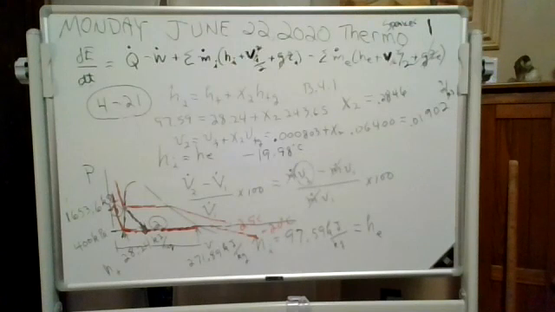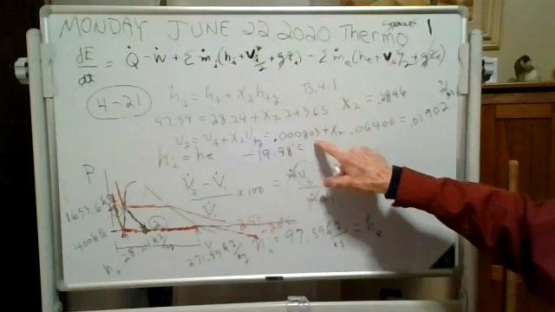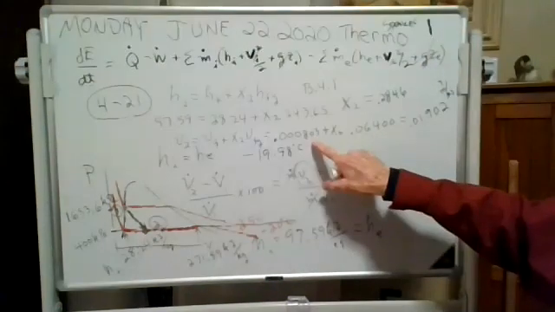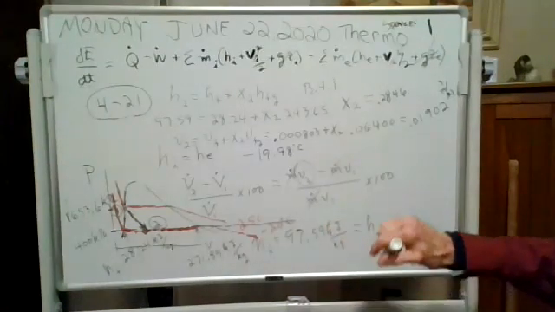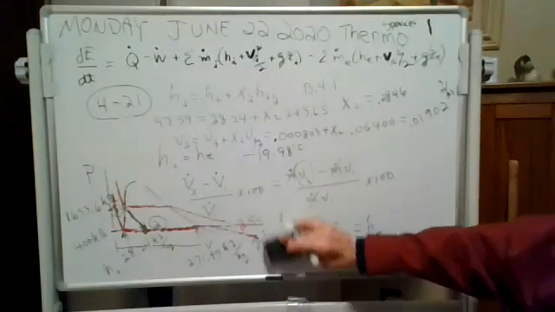I think that number right there is v1. So let's put those numbers in there and we'll get it. Here goes. Just need some room here to write this down.